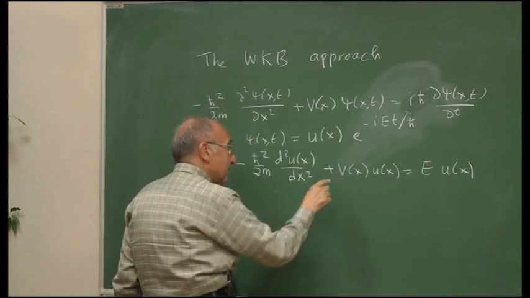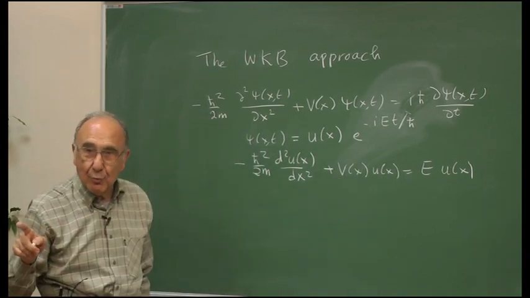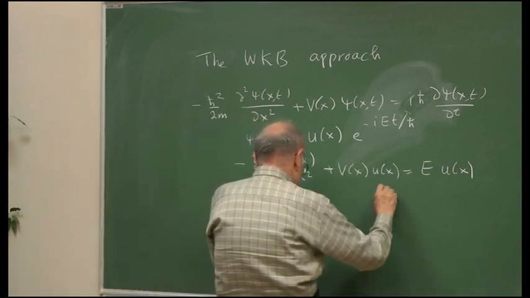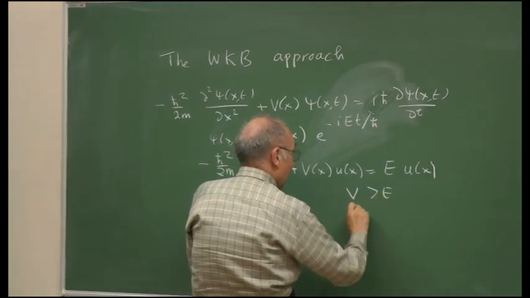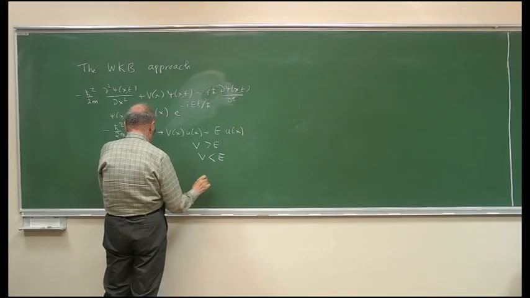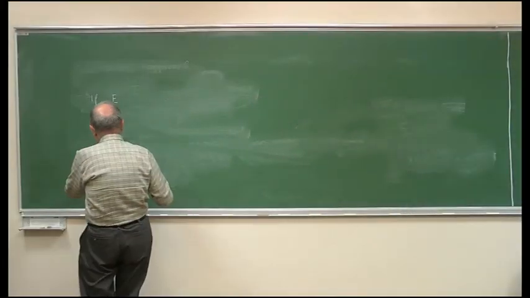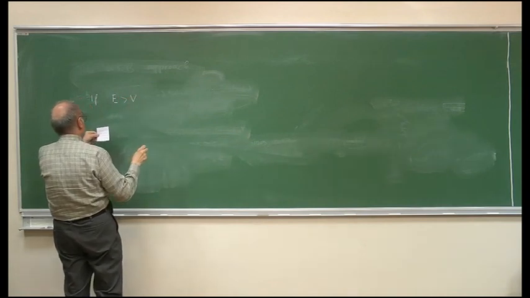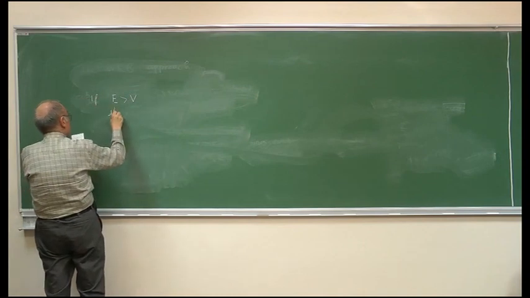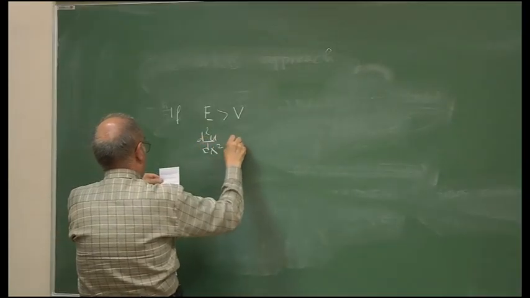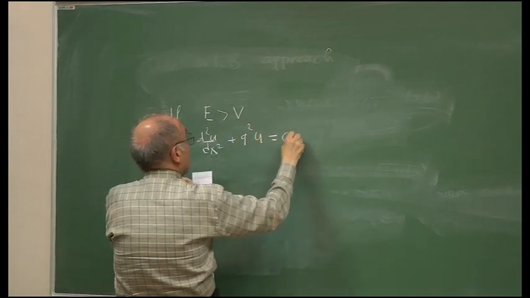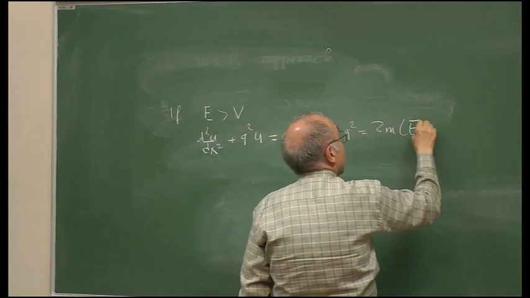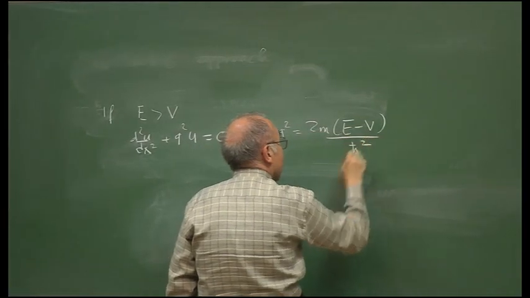If V is constant or piecewise constant, then of course, depending on whether V is greater than E or V is less than E, if the energy E is larger than V, the time-independent Schrödinger equation becomes d squared u by dx squared plus q squared u is equal to 0, where q squared is 2m(E minus V) over h bar squared.